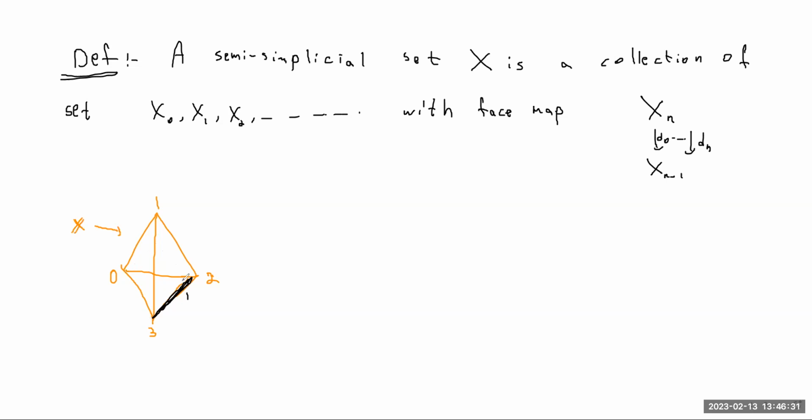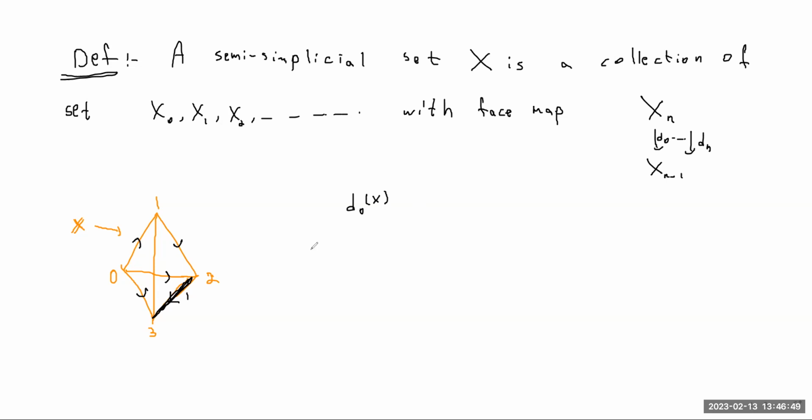I can apply first of all D0 on X, and then I will go to this triangle. In this triangle, you know the order, right? This is the order.